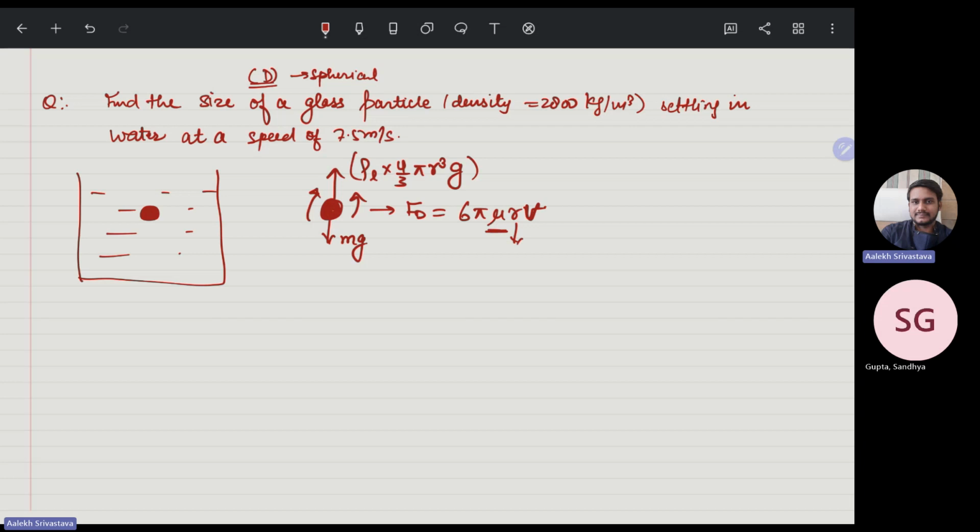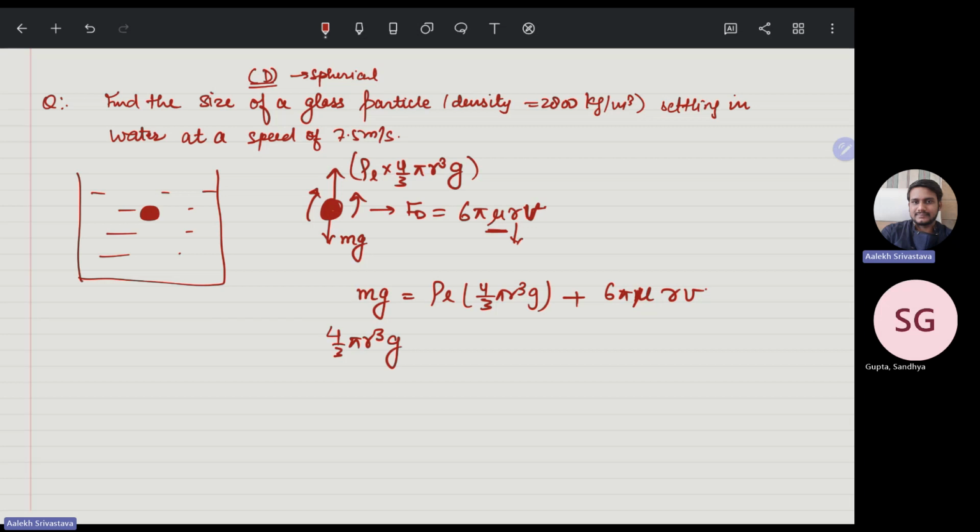If the terminal velocity is achieved, that means there is no acceleration term. Therefore, the downward force mg is equal to rho l 4 by 3 pi r cube into g, this is the buoyancy force, plus 6 pi mu rv, with small r. This can also be written as the volume times rho of glass times g.